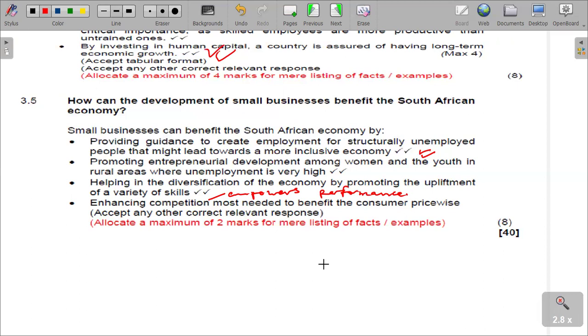And then that is a good advantage in terms of the development of small businesses: it empowers the performance of businesses.